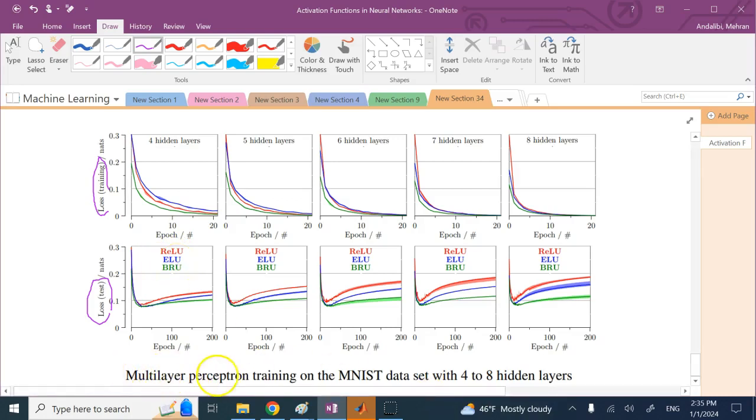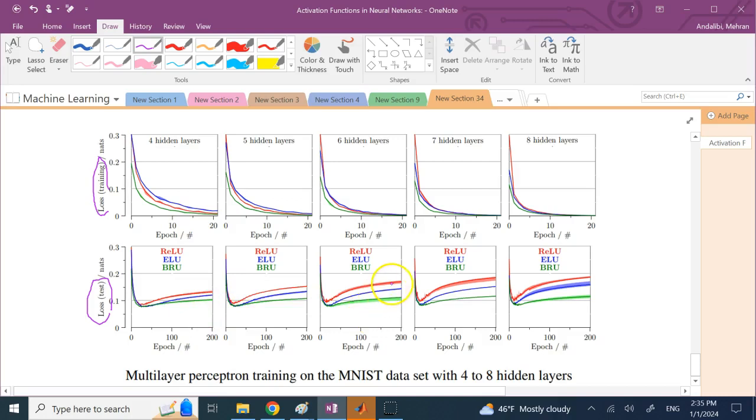So here is an example. You can see a multi-layer perceptron trained on MNIST data with 4 to 8 hidden layers. And you can see that here the green, which is the BRU function, is dropping the cost function a lot faster than the other two.